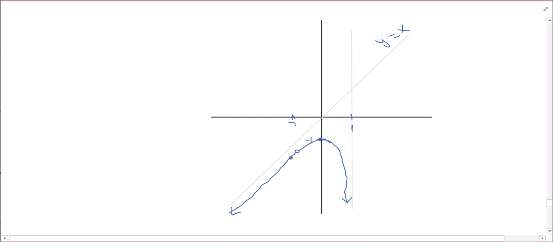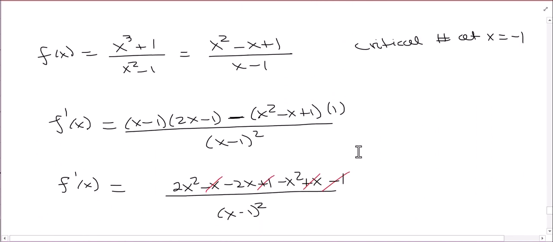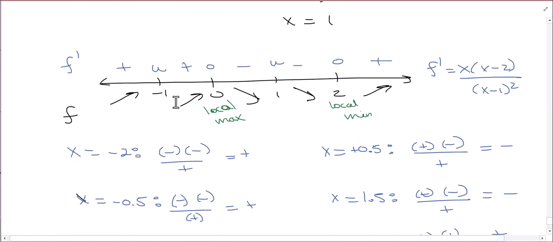So then this is increasing, is undefined there, and then continues to increase, and then it decreases. And then what happens on the other side of 1? Our critical numbers are negative 1, 0, 1. 1 is an asymptote. So then it decreases between 1 and 2. At 2, you hit a local min, and then it goes back to increasing.